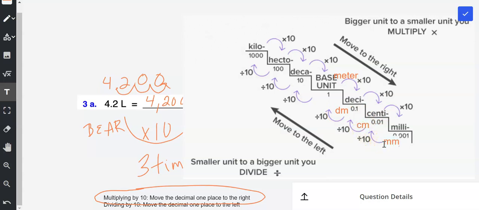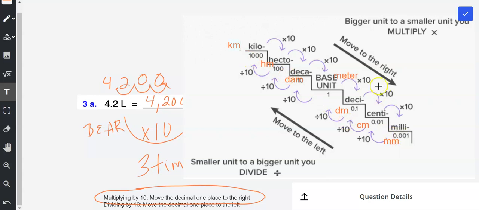Millimeters, MM. Okay, then from meters, we would then move up to 10 meters, which would be a decameter. We'd say DAM. So it looks different than DM, which is for decimeters. Then for hectometers, it'd be HM. And then for kilometers, it'd be KM, like that.